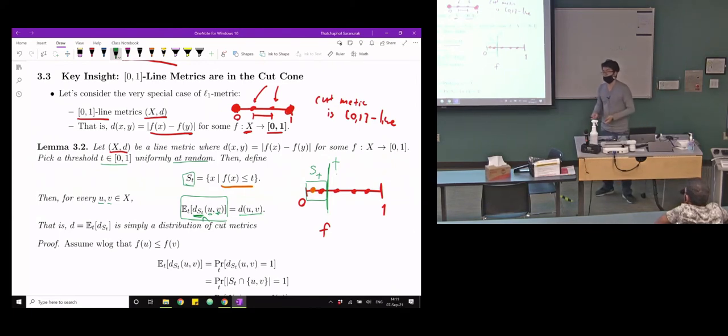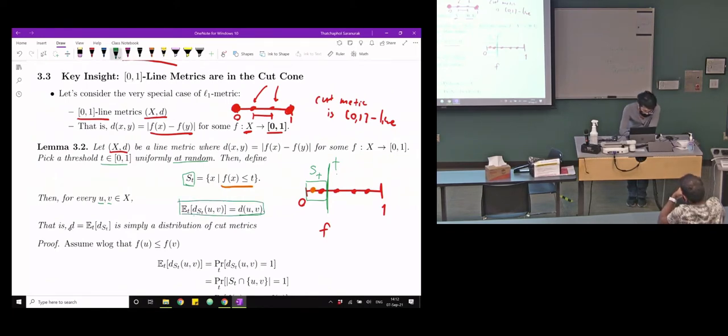Now you ask, what is the distance between any nodes u and v with respect to the cut metric of S_t? This cut is random, and the statement says that in expectation, the distance defined by this random cut is just the original distance. If this is true, what does it mean?